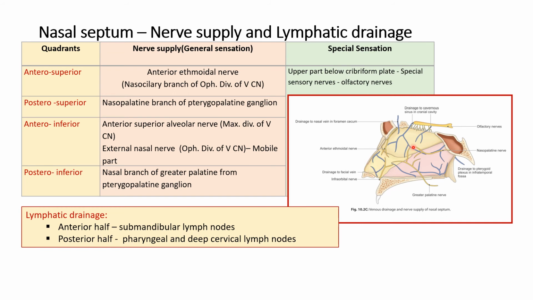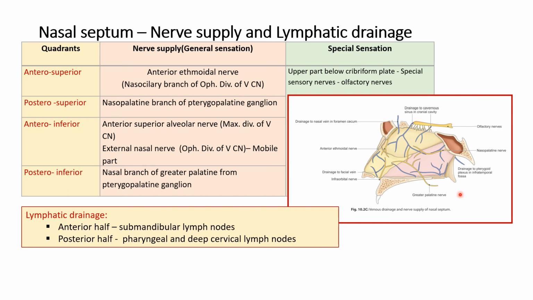Coming to the posterior-inferior part, it's by nasal branch of greater palatine nerve from the pterygopalatine ganglion. So, the general sensations from the nasal septum are conveyed through the branches of the ophthalmic and maxillary division of trigeminal nerve and the pterygopalatine ganglion branches.